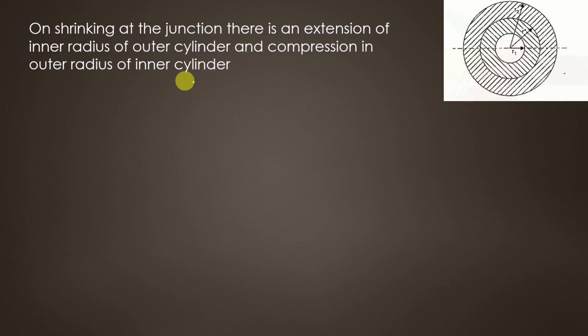So what it says is, on shrinking at the junction there is an extension of inner radius of outer cylinder and compression in outer radius of inner cylinder. After shrinking, the diameter increases and the inside radius of the outer cylinder will be decreased. Let us see how much, for the outer cylinder.